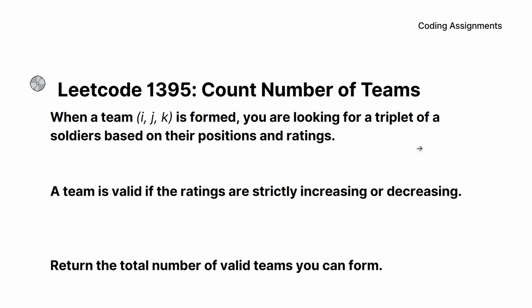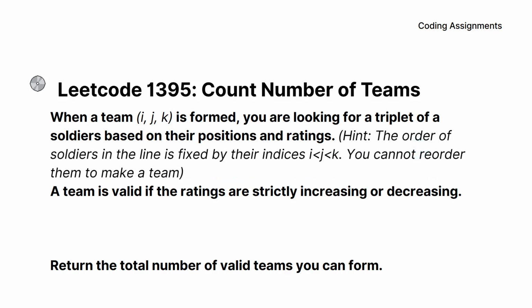So when a team i, j, k is formed, you are looking for triplets of soldiers based on their positions and ratings. It means that the order of the soldiers in the line is fixed by their indices i, j, k, so you cannot reorder them to make a team. And a team is valid if the ratings are strictly increasing or decreasing.